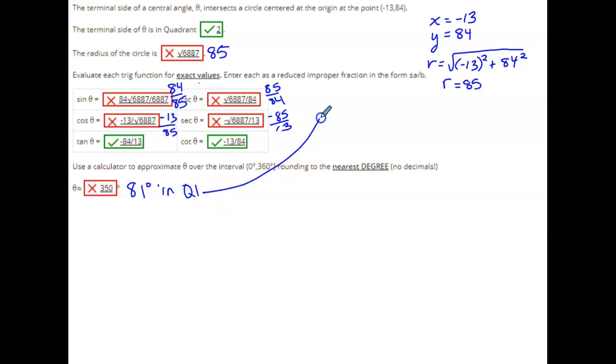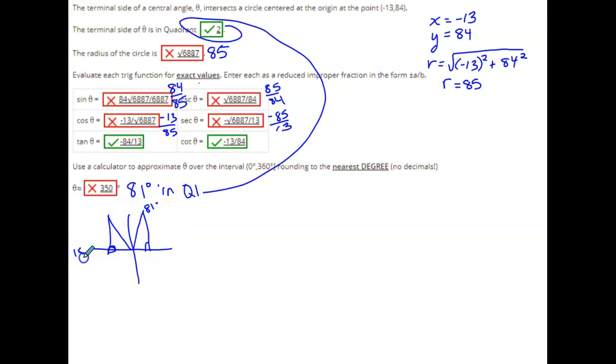but this angle is in quadrant 2 because the x is negative and the y is positive. So we're going to need to reflect that first quadrant angle of 81 degrees into the second quadrant where x is negative.